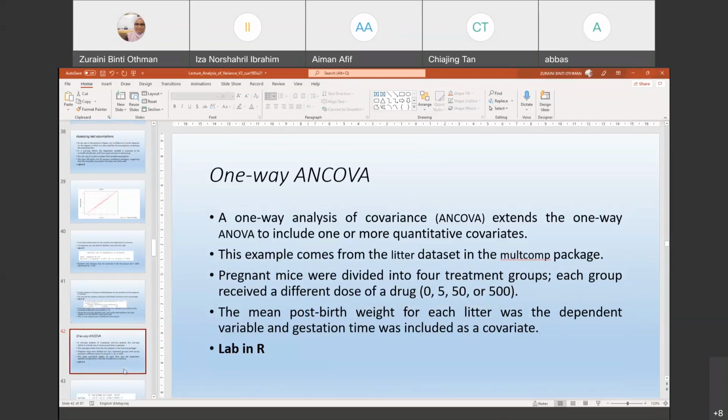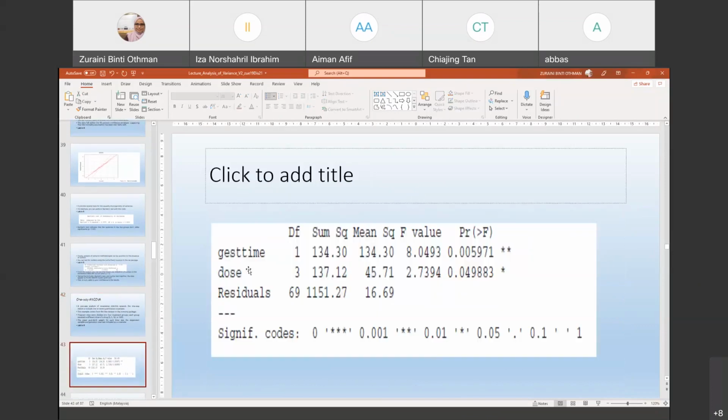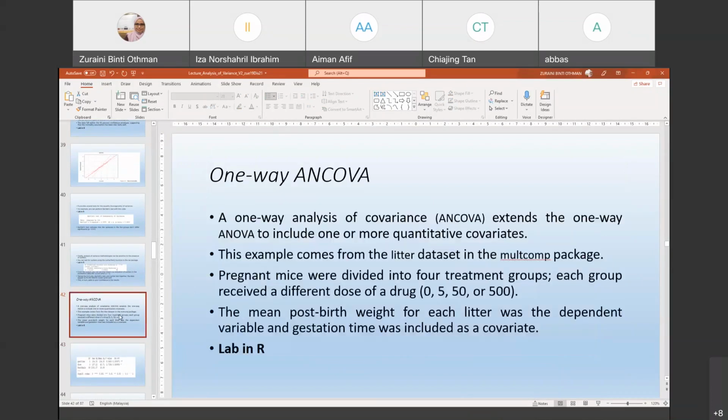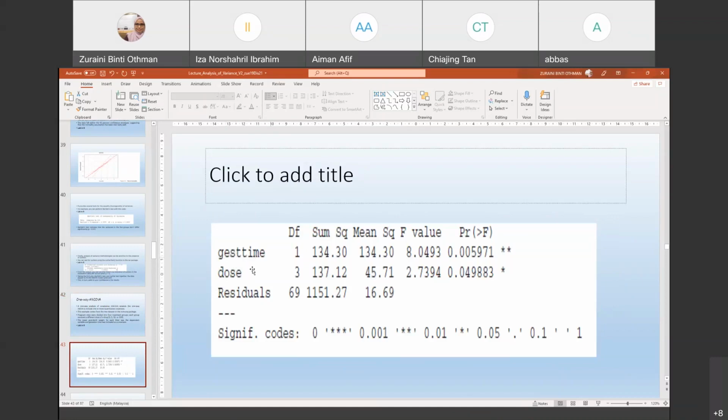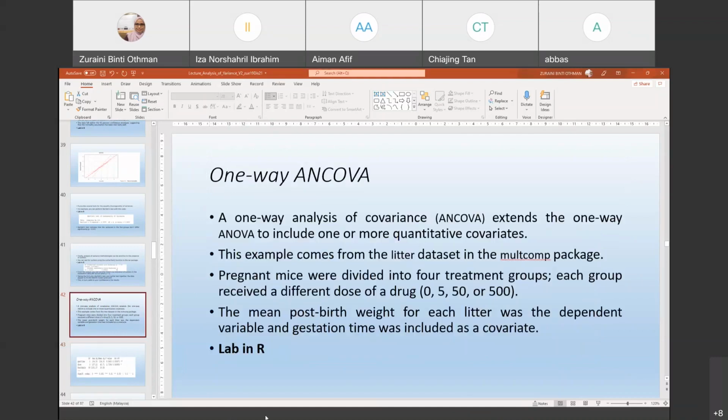So look at our code. Later we get these 2 factors, which include gestation time. We want to know the effect of gestation time and the dose it takes. So let us run R.